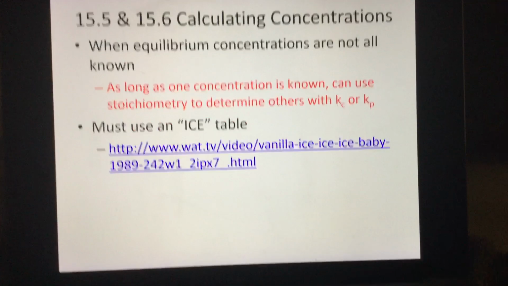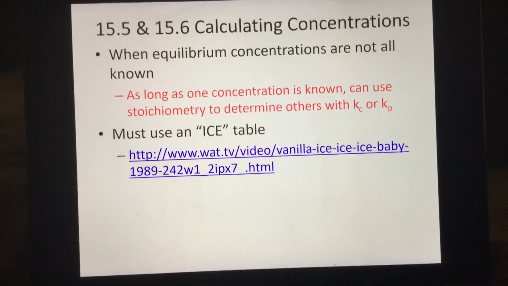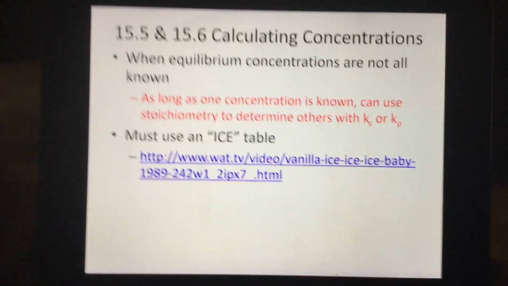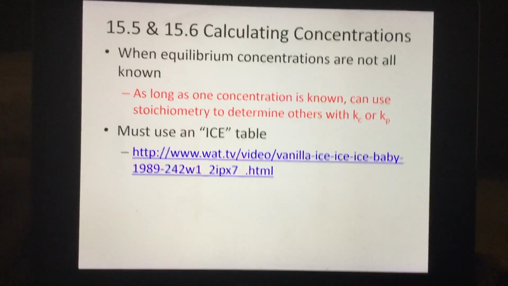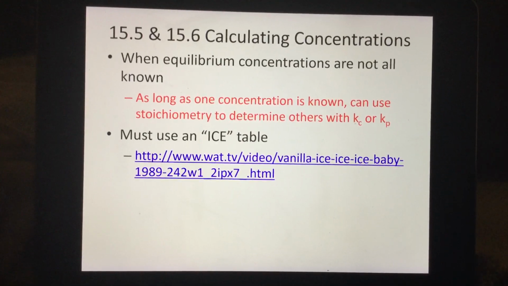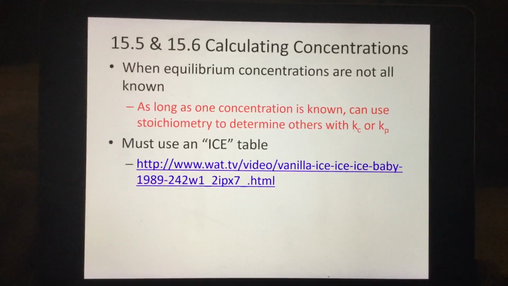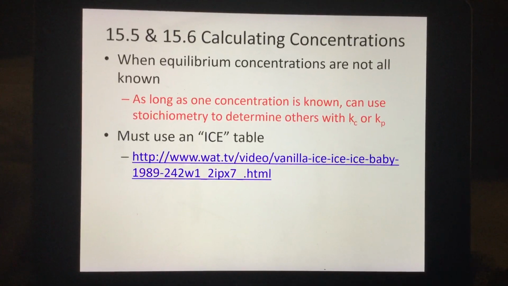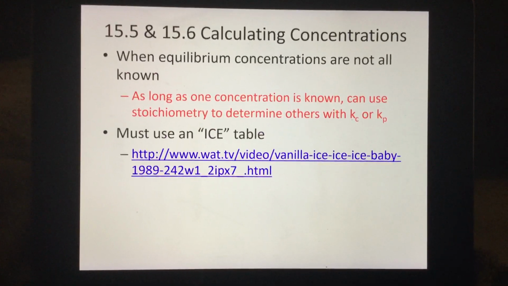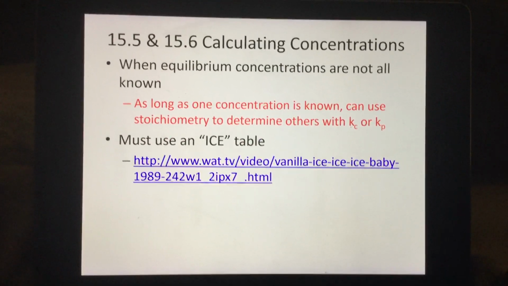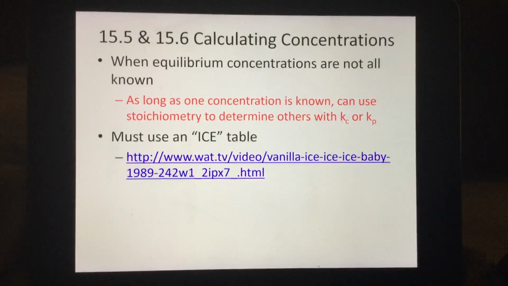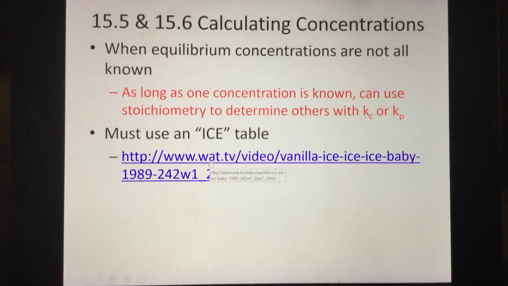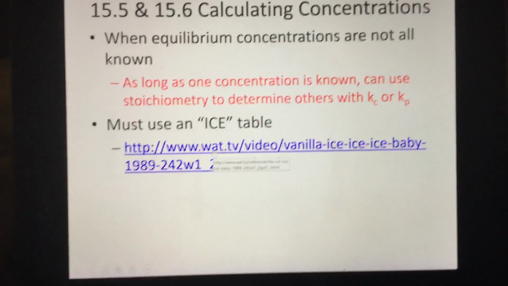As long as we know at least one of the concentrations and either the Kc or Kp, we can use the stoichiometry from the balanced reaction, as well as what we refer to as an ICE table, and a little bit of algebra to figure out the other concentrations or whatever it is we need to solve for in the problem.